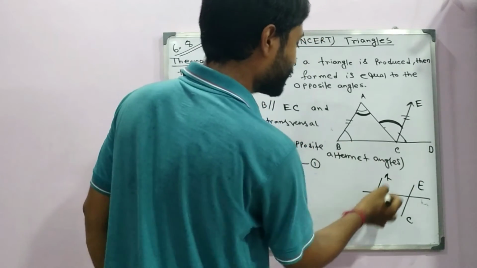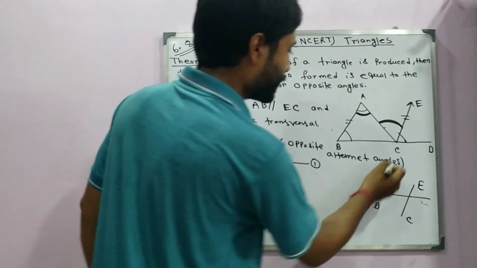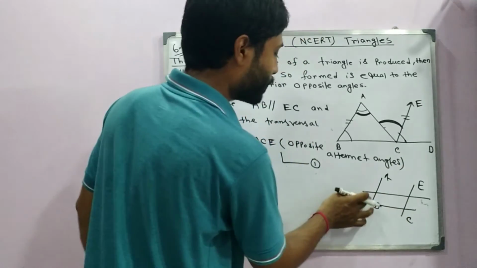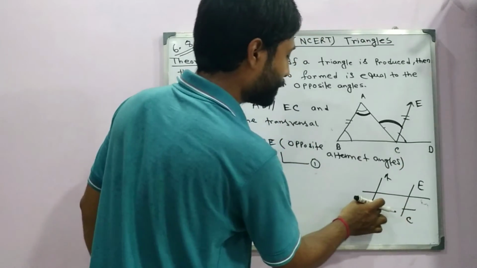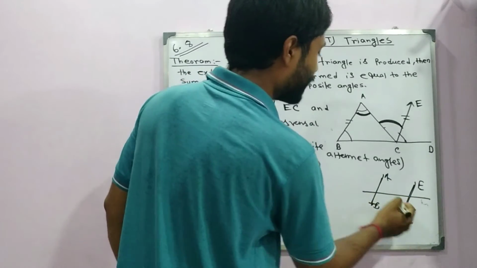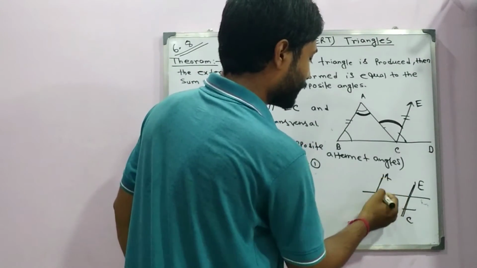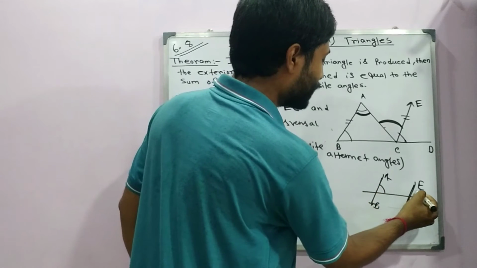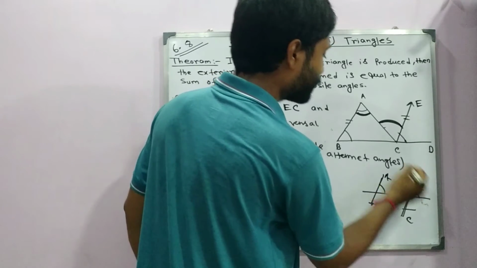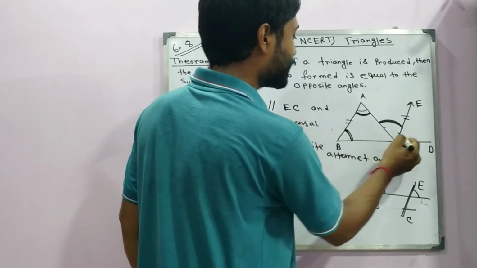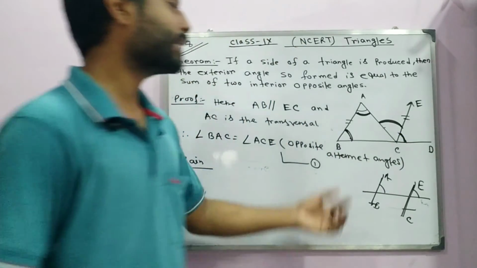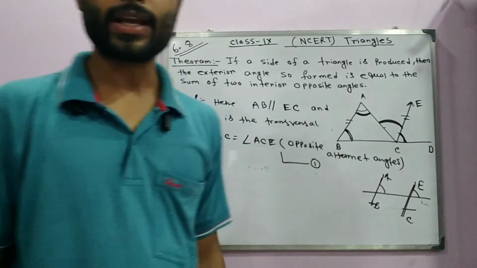So let BC be the transversal. Whatever it is at the end. But if it would be in the middle, then the figure would come out like this. Then this is a transversal. So this angle would be equal to this angle. What type of angles are they? They are corresponding angles.